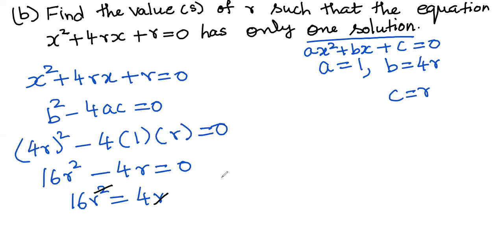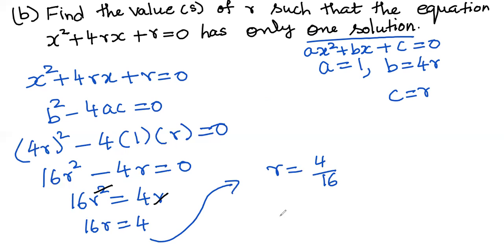So we have 16r equal to 4, or we can say r is equal to 4 over 16. If you simplify this, you get 1 over 4. This will be the solution, or you can write even 0.25.